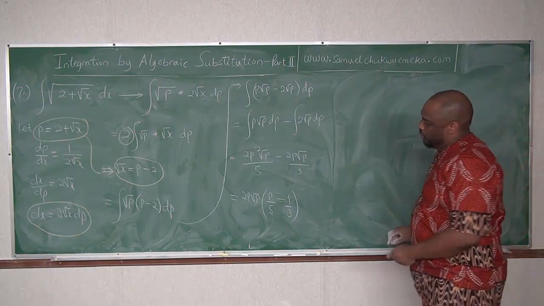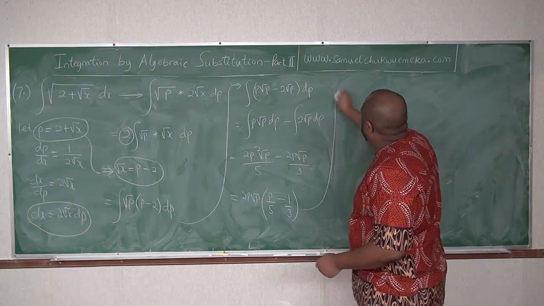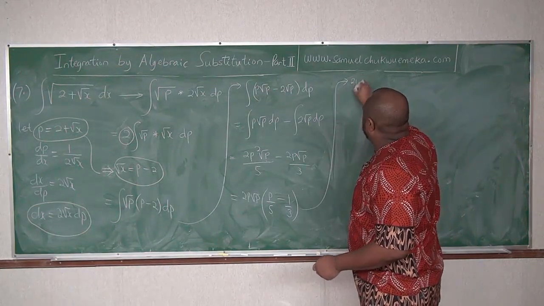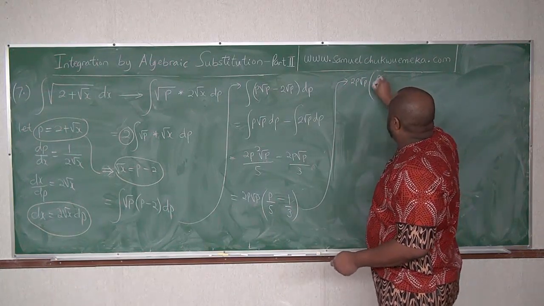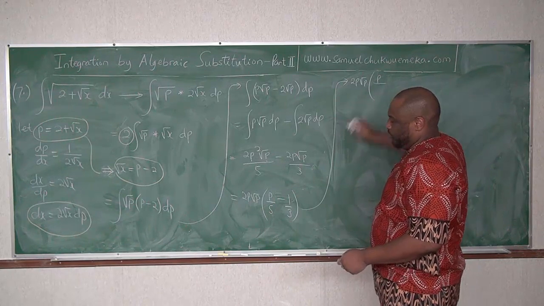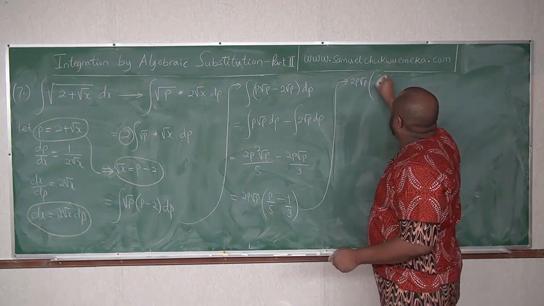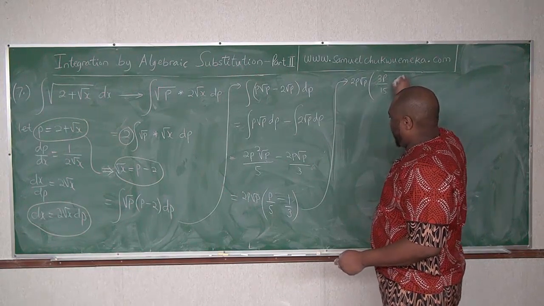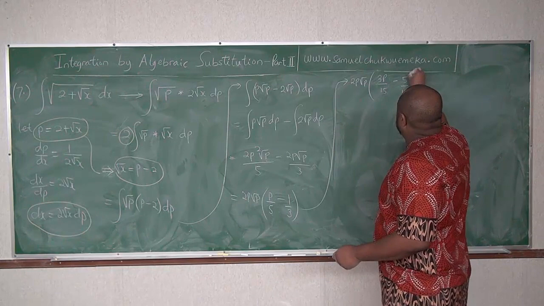So we have 2p root p times, well, over 15: 3p over 15 minus 5 over 15. See that?